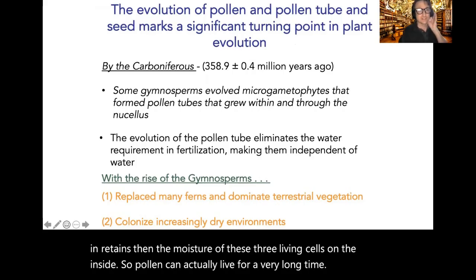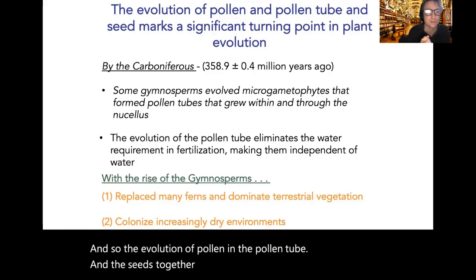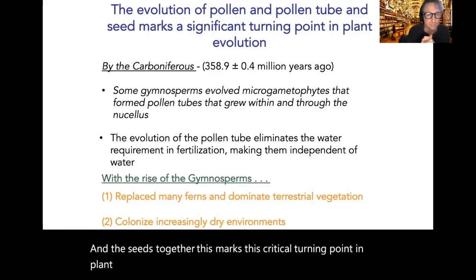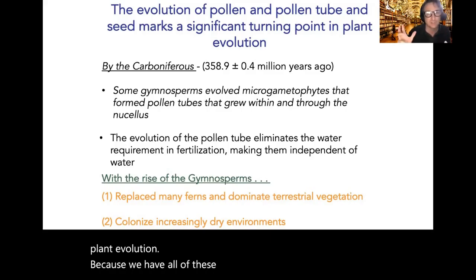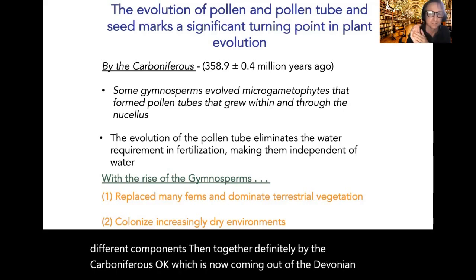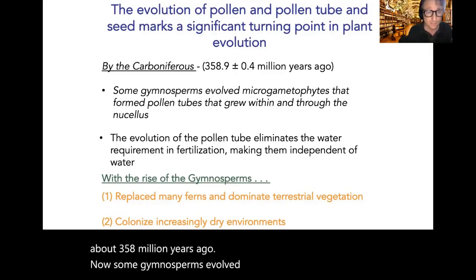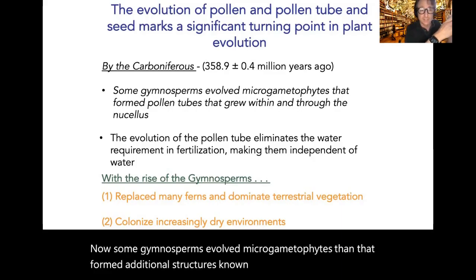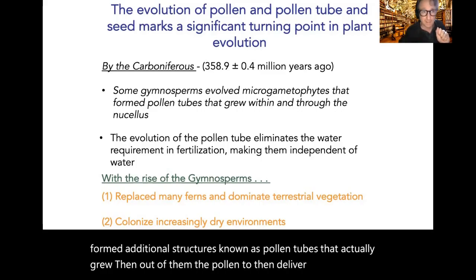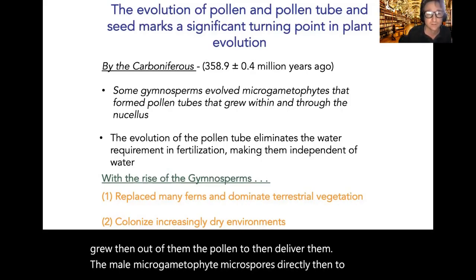And so the evolution of pollen, the pollen tube, and the seeds together marks this critical turning point in plant evolution. Because we have all of these different components together, definitely by the Carboniferous, which is now coming out of the Devonian about 358 million years ago. Now, some gymnosperms evolved microgametophytes that formed additional structures known as pollen tubes that grew out of the pollen to deliver the male microspores directly to the female archegonium.